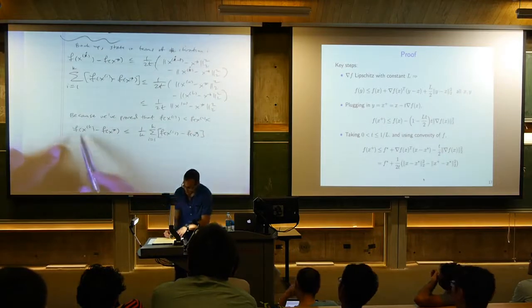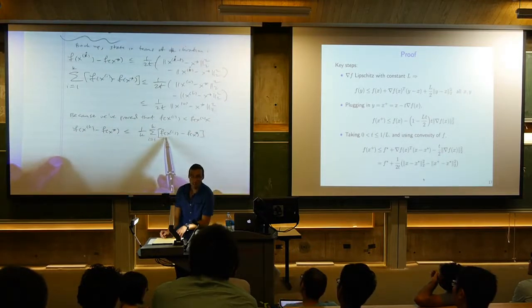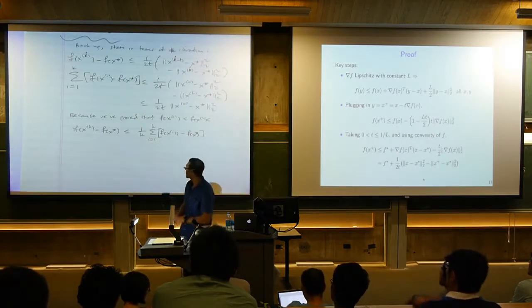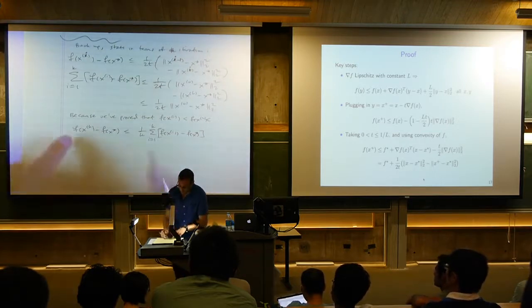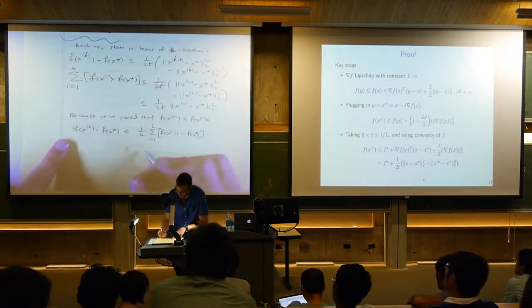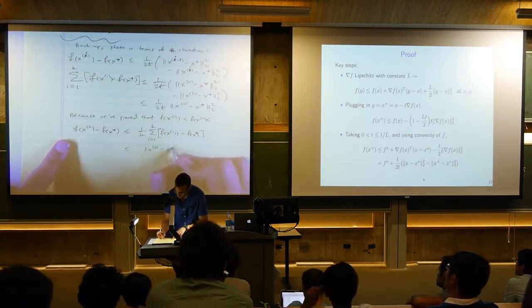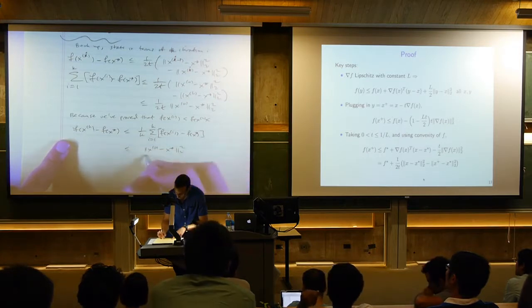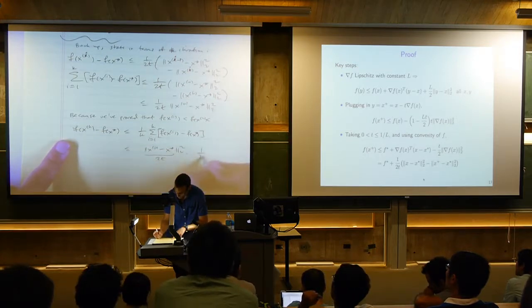This guy is certainly less than each of the f of xi along the way. And just following from what we've proved about the sum of the suboptimalities, that's exactly our rate. We just get x0 minus x star squared over 2t times 1 over k.